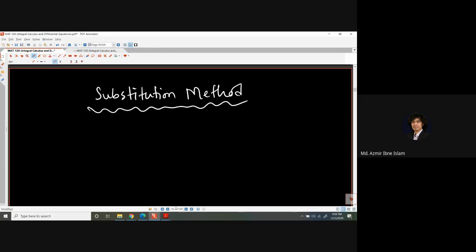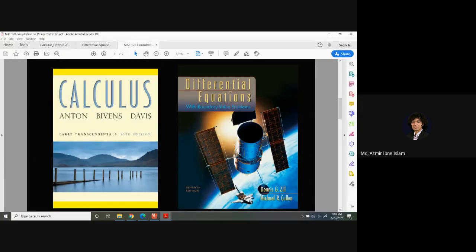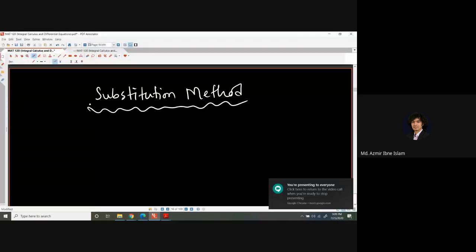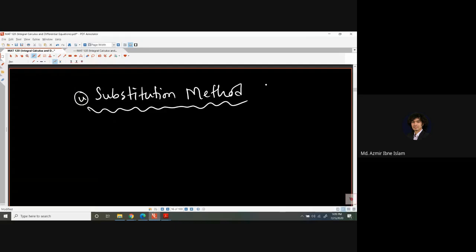But since I am following this reference book, Calculus, written by Anton Bivens Davis, the authors have used the variable u. So that's why that section, section 5.3, deals with the u-substitution method.